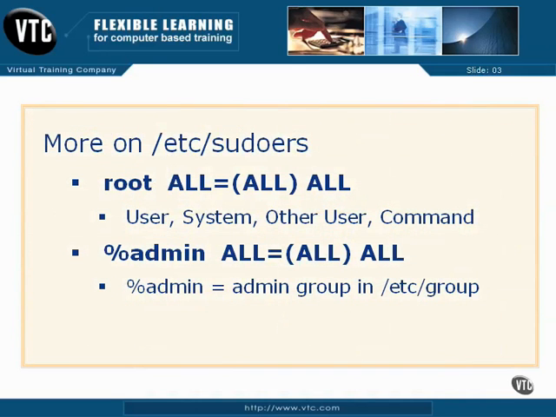Then the next command, root ALL=(ALL) ALL. That gives the root user access to the sudo command. Yeah, that's what you want. But let's look at the format of the directive. Root is the user. You have access from all systems, local or remote.